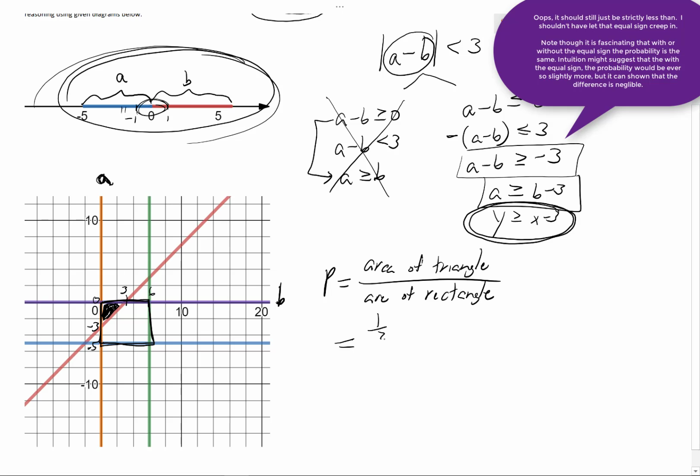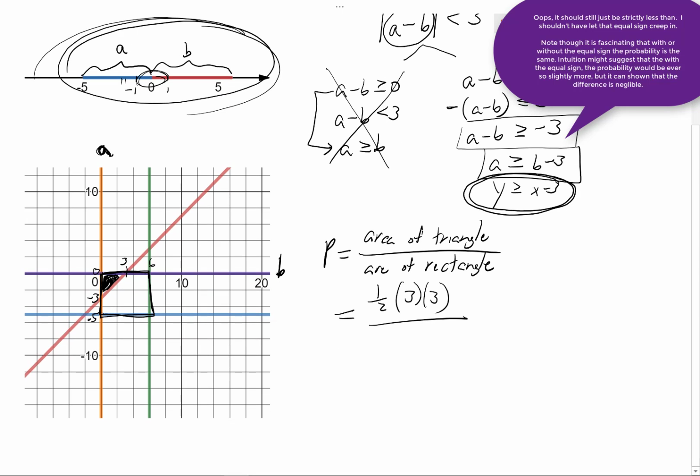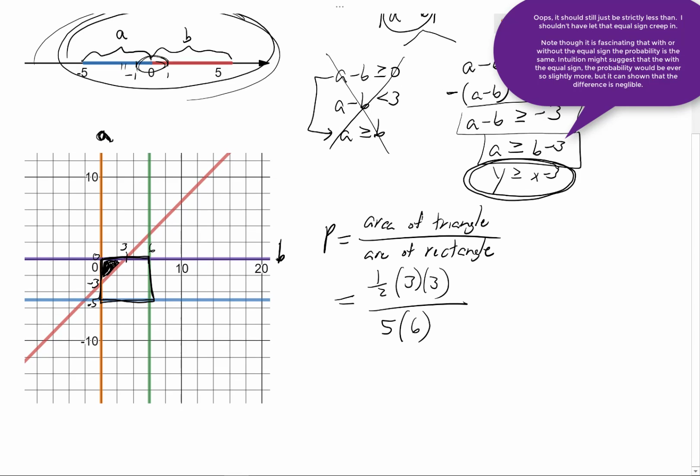So the area of the triangle is just 1/2 base times height, so 1/2 times 3 times 3. And the area of the rectangle is base times height, so 5 times 6. If I just rearrange this, I'm going to kick the 2 down to the bottom. And then I can cancel one of those, and I get that it is 3/20. And that is the probability that the distance between a and b is less than 3.